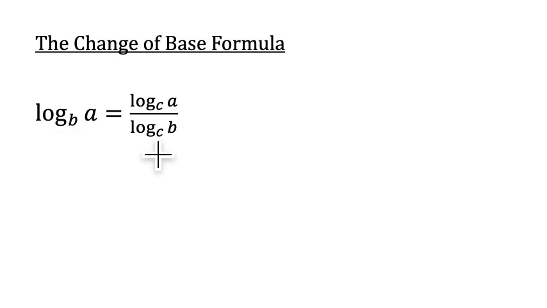Now we're wondering, where did this c come from? Well, the nice thing is we get to choose whatever c we want to. So we can turn a base 17 log into a base 10 log.